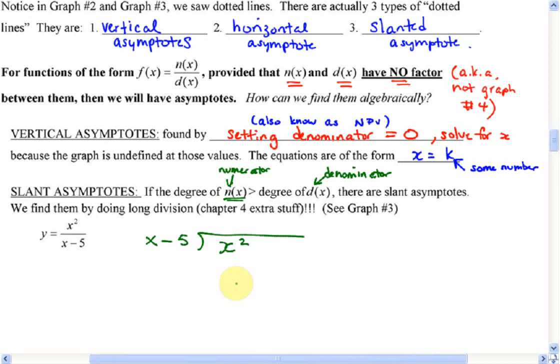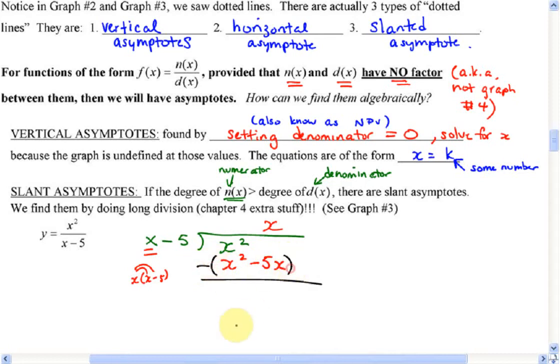Anybody remember how to do this? Remember x times what gives you x squared? Anybody have an idea? X, good. And then of course we just took that x, multiplied by the x minus 5, and we put it underneath. So here we have x squared minus 5x.